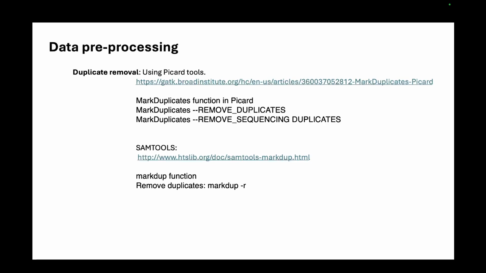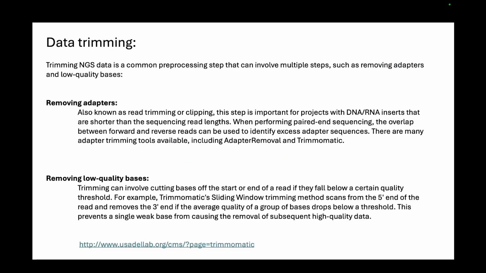There are two types of pre-processing here. One is duplicate removal, and another part is data trimming, where you cut off certain portions of the sequence because they are either low quality or they are adapters or something like that.